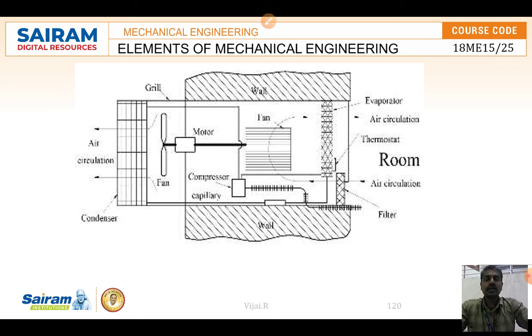By taking the heat from the room, the refrigerant becomes vapor. It goes to the next side of the coil, called the condenser area. But before going to the condenser, we have to compress the vapor into a pressurized fluid, because the main aim of this refrigeration or air conditioning process is taking the heat from the room side and releasing it out of the room.